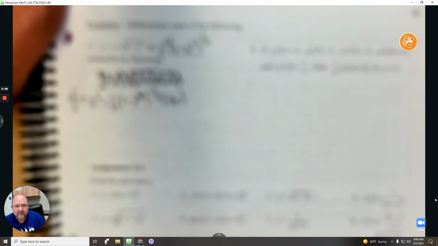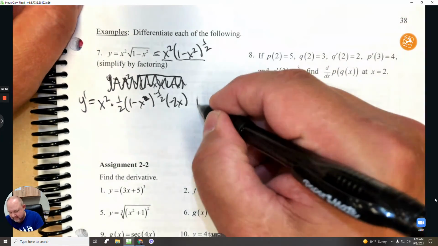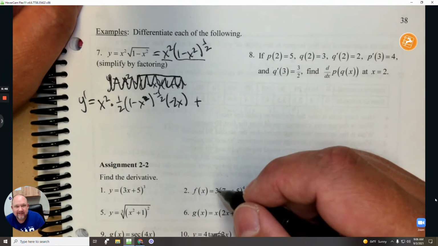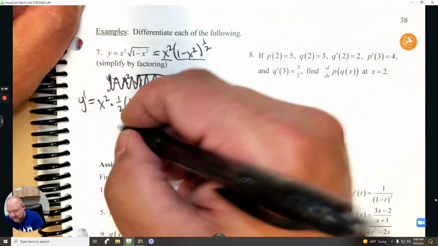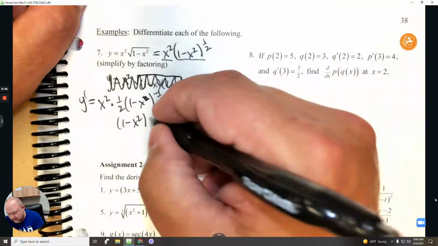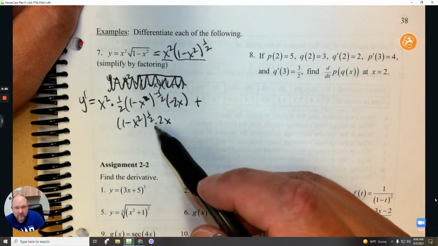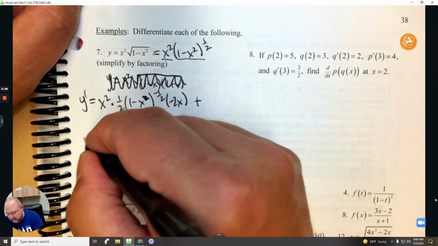There you go. Plus, I'm going to continue down here. The second, which is 1 minus x squared to the 1/2 times the derivative of the first. So the product rule, and it says simplify by factoring.